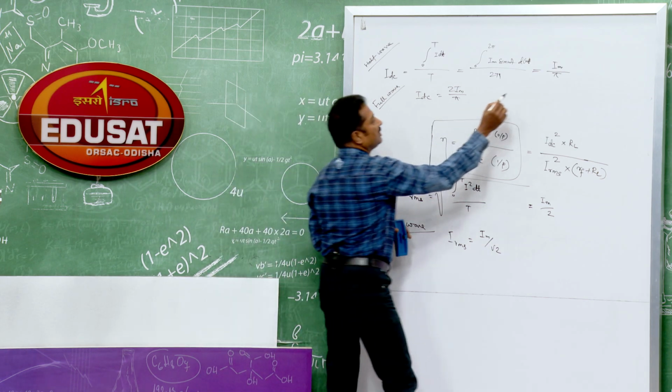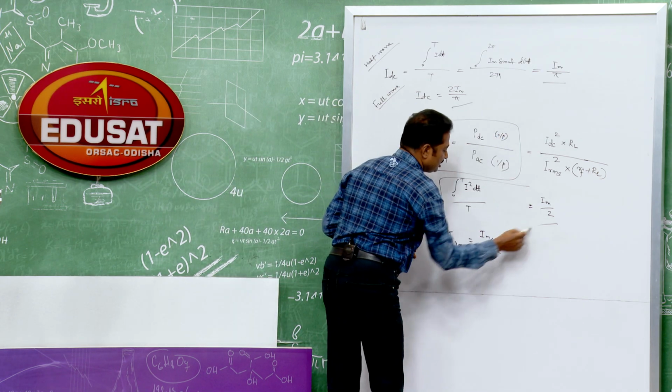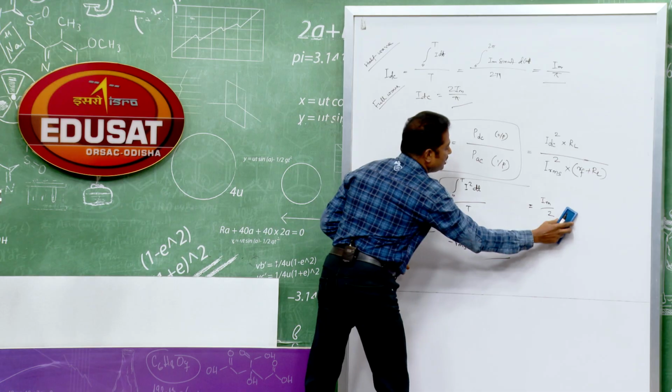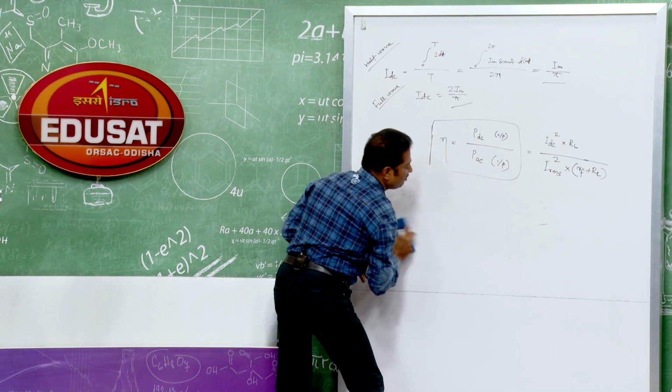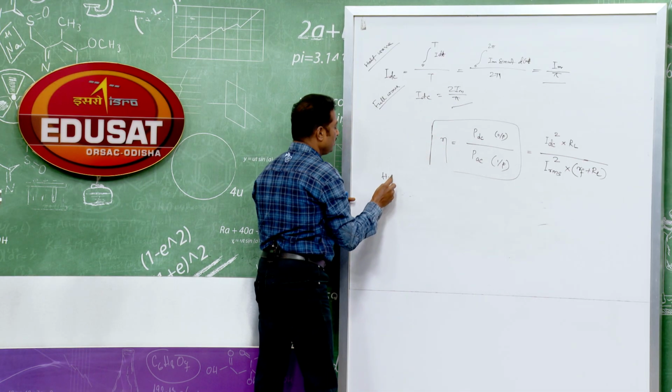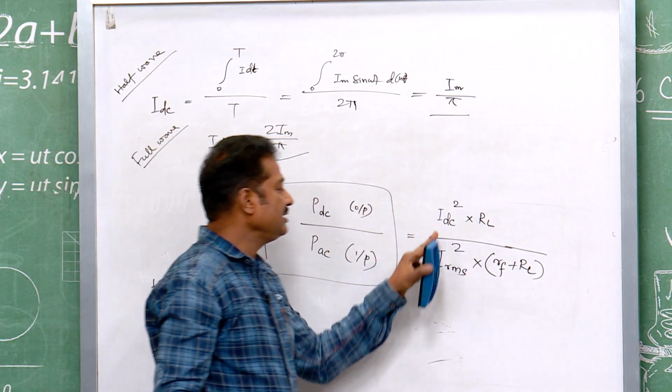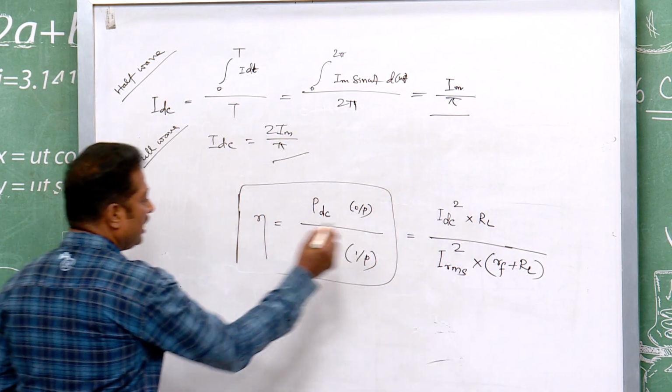So, you see these values, you now put these values in your formula. For half wave, you put IDC, IRMS values and calculate.